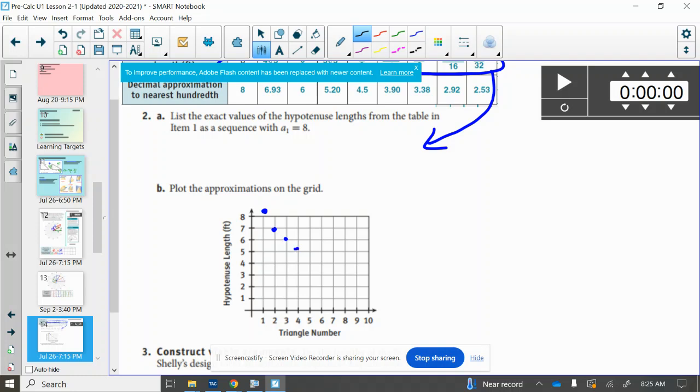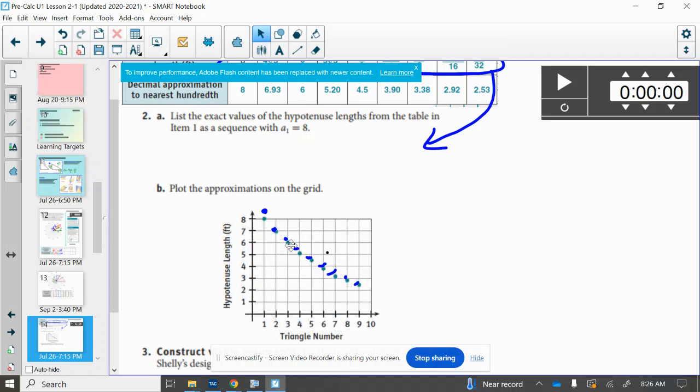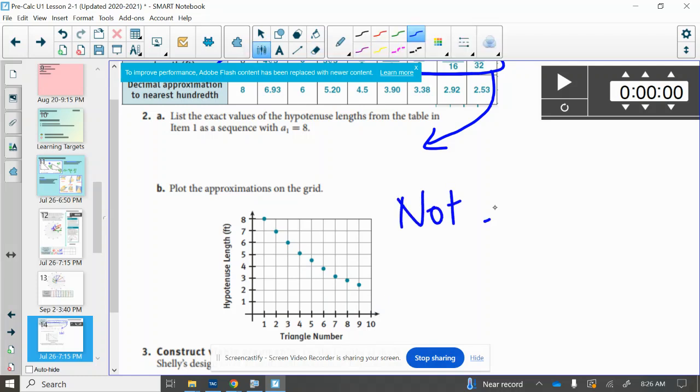We start seeing these values 4.5 all the way down, 3.9, 3.38, 2.92, 2.53. As we plot these, what we're noticing is that this is not a linear graph, right? There's that slight curve going down. So basically what we are able to see is that this is not linear.